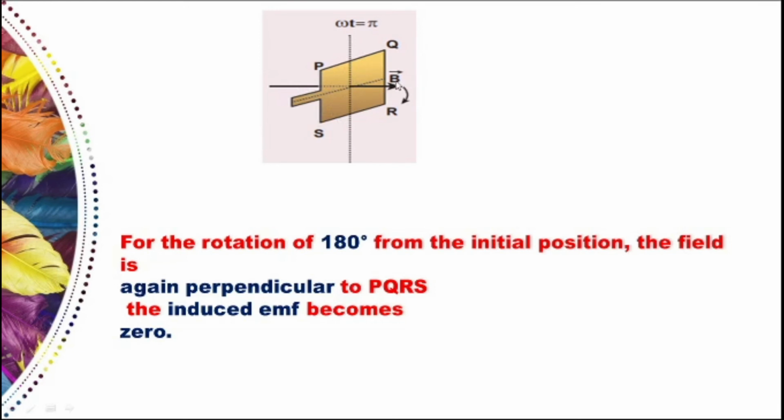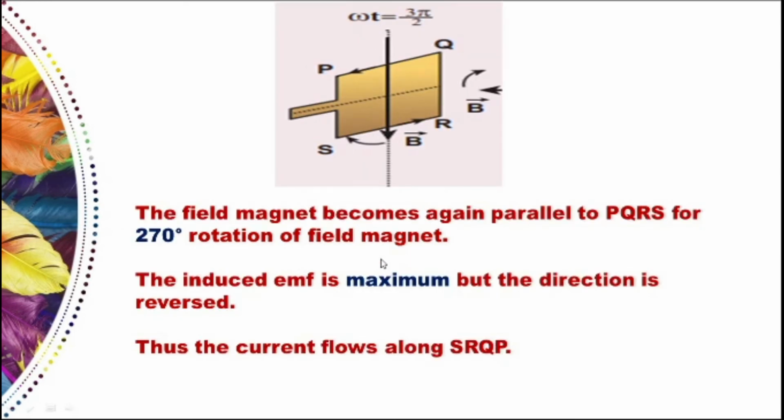Now it has come over here, so it has described 180 degree from the initial position. This is the 180 degree field. So here the field is again perpendicular to PQRS, and the induced EMF becomes 0, and mathematically sin 180 would be 0. Okay.